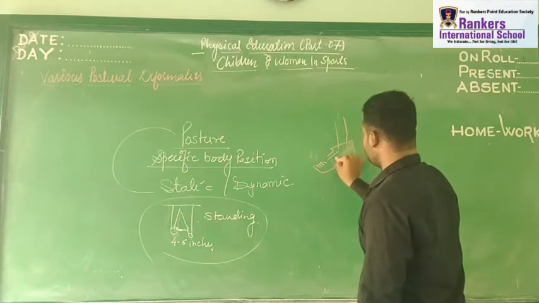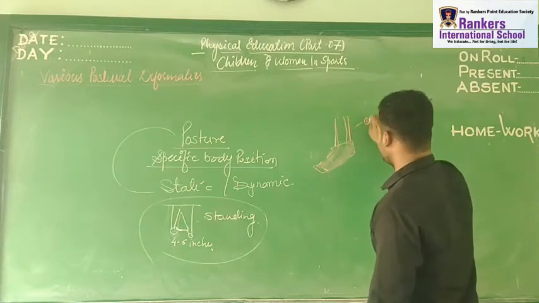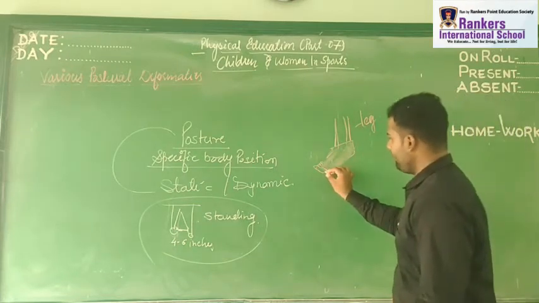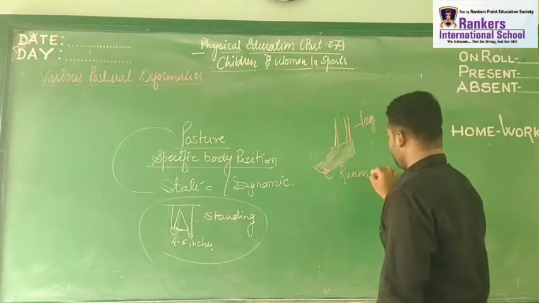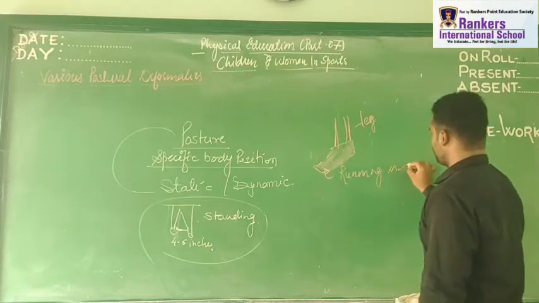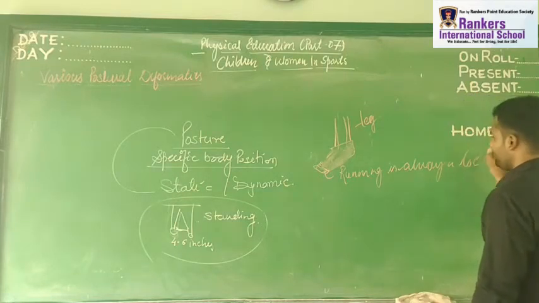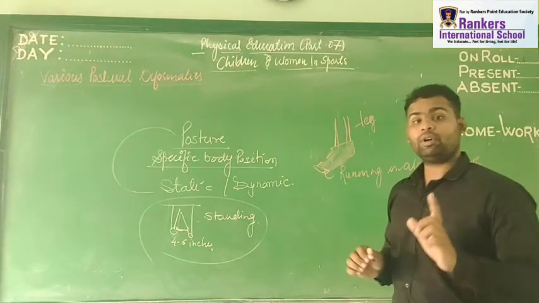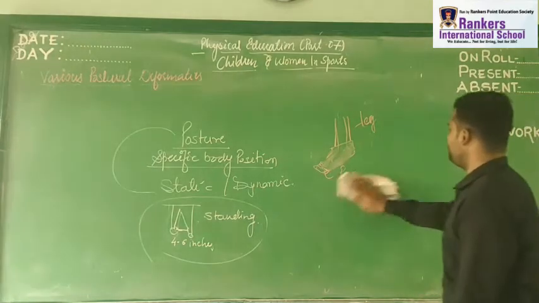Let's say this is your shoe, this is the foot, this is the leg. Running is always a toe action. Whenever you are running, you need to run on your toes, not heel to toe. This is clear with the running part.